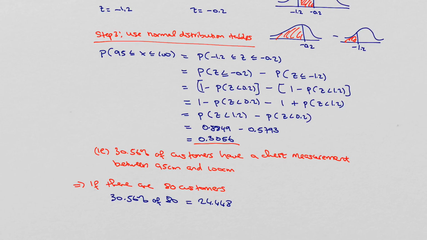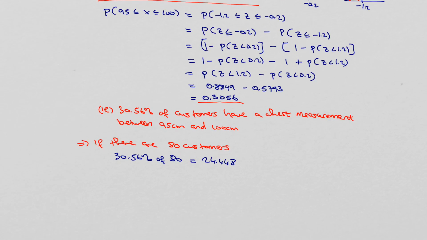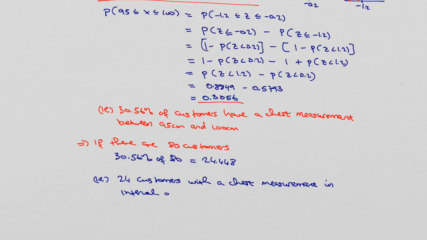Now we can't have 24.448 customers, so we would say there are 24 customers with a chest measurement in the interval of 95 centimetres to 100 centimetres.